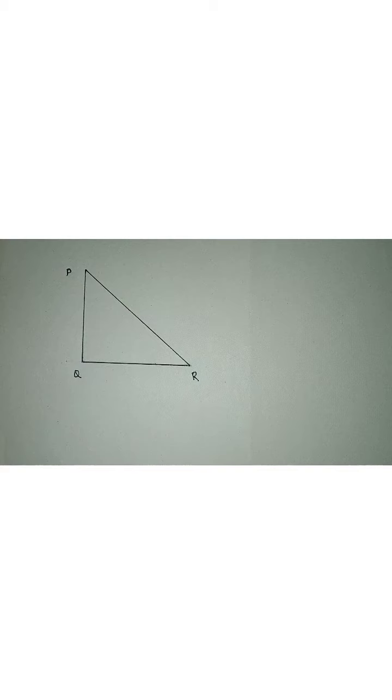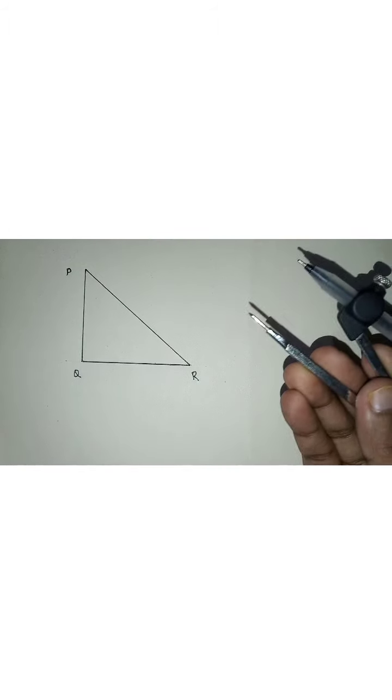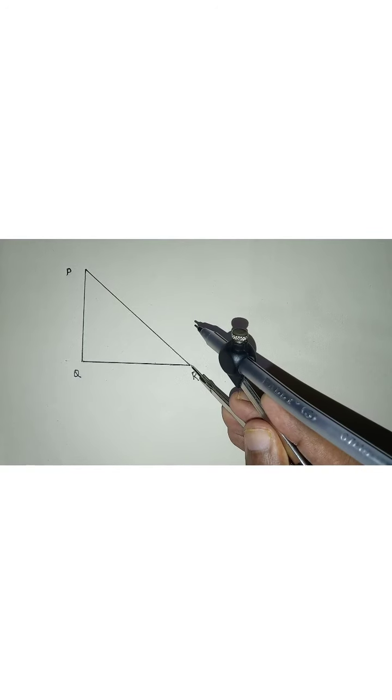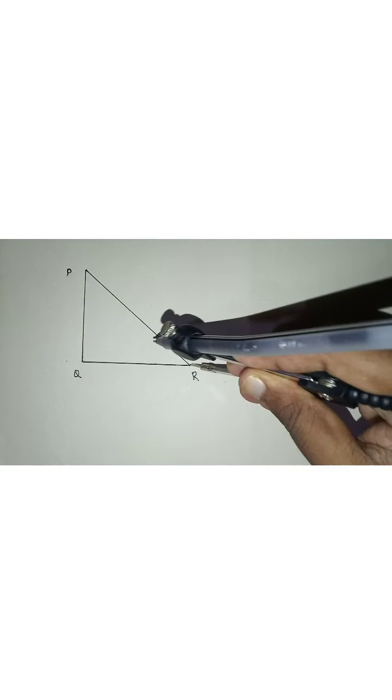Now I will draw a perpendicular bisector to all the three sides of this triangle. So for that I will take a compass. First I will draw a perpendicular bisector to side QR.